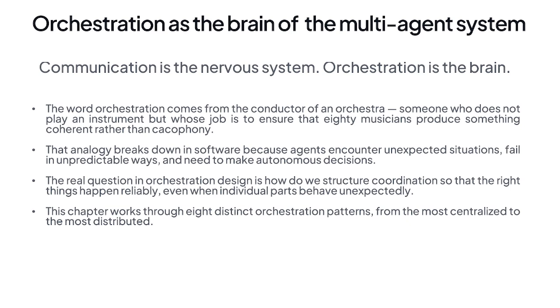That's an orchestra conductor, or coordinator, which allows the music to flow seamlessly without any confusion or interruption. Someone who does not play an instrument but whose job is to ensure that 80 musicians produce something coherent rather than cacophony. So that is an orchestra.